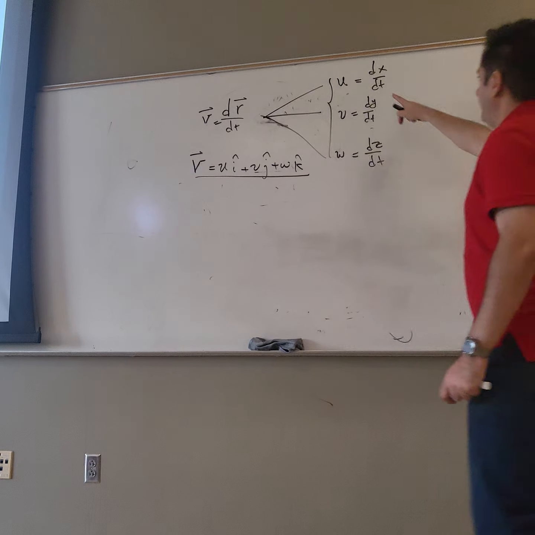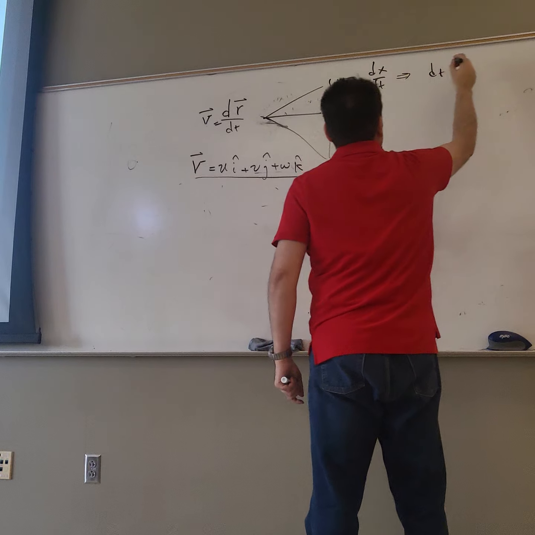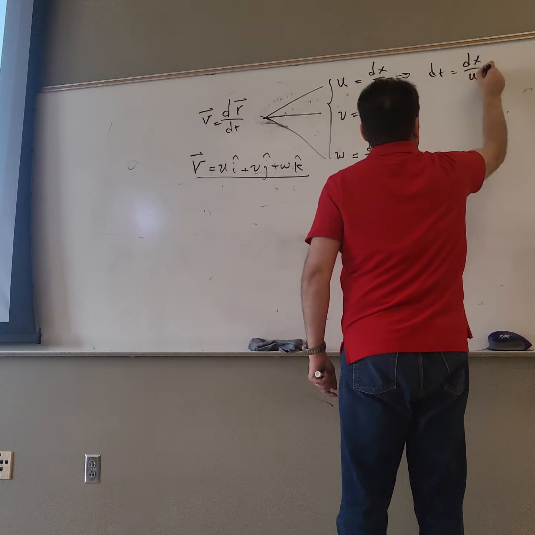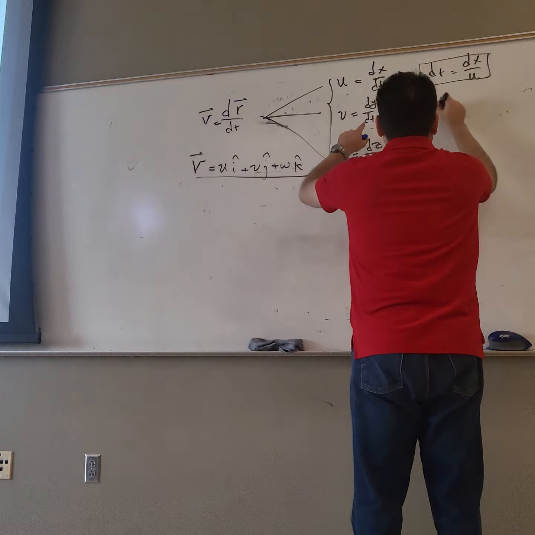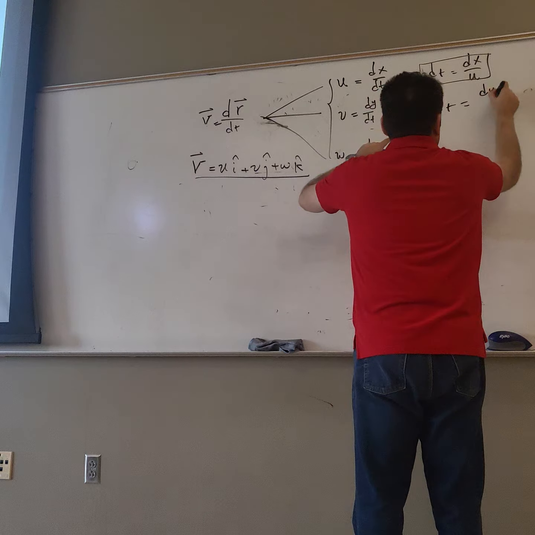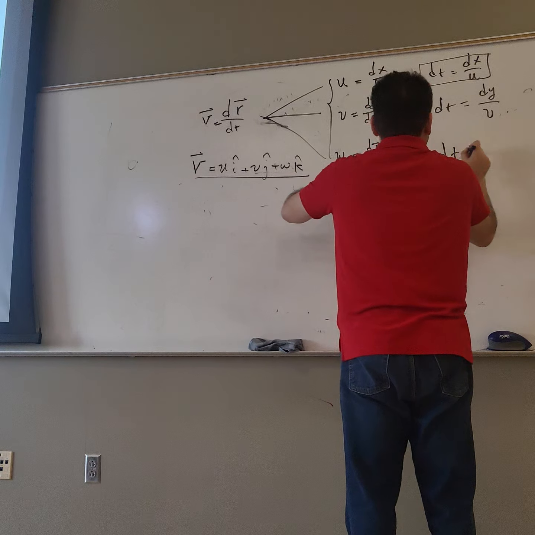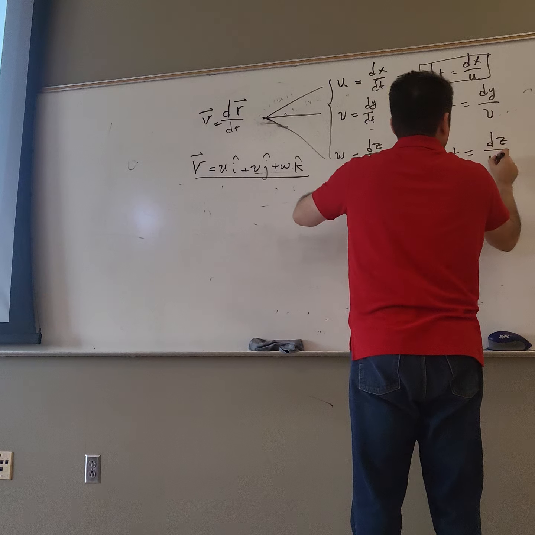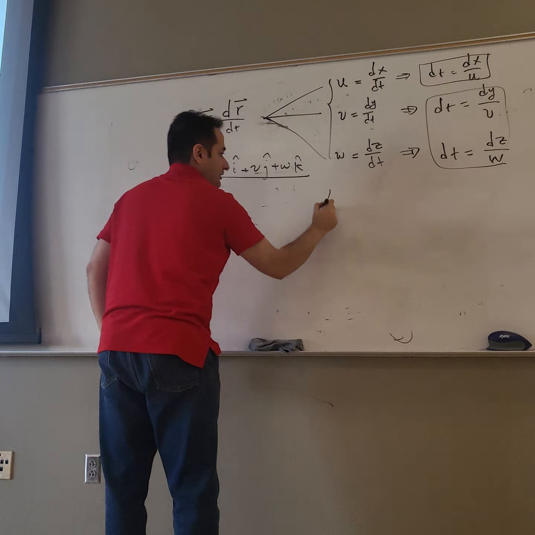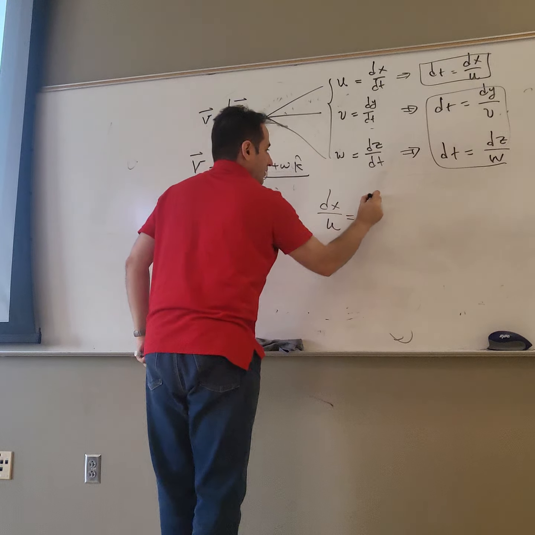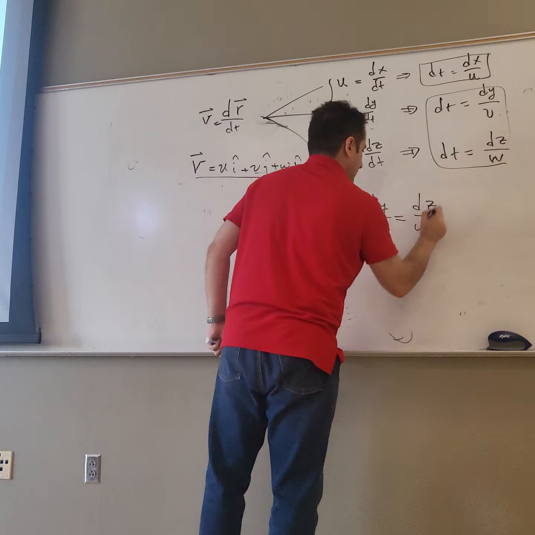Now, solve for t. In this equation, you can write dt is equal to what? dx over u. Right? And here, the same dt, because dt is the same, is equal to dy over v. And then here, the same dt is dz over w. Since dt is the same, you can write dx over u is equal to dy over v equal to dz over w.